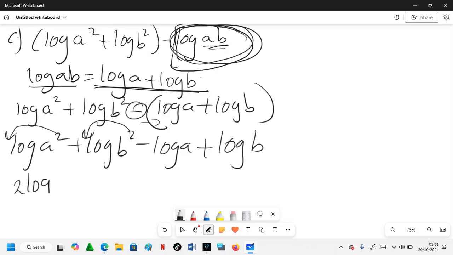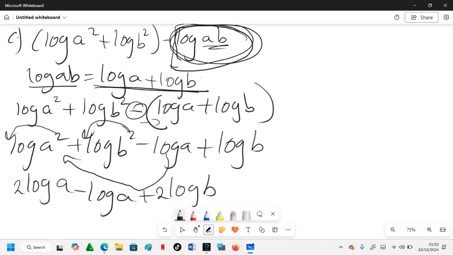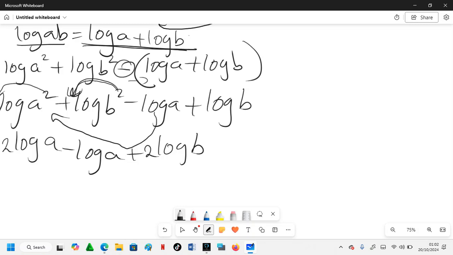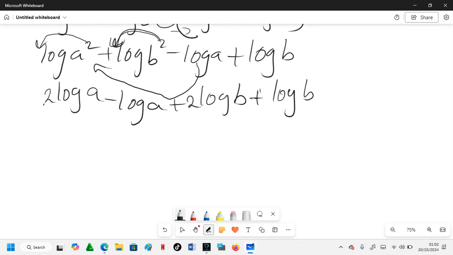So 2 log A, minus log A, then 2 log B, plus log B. Now 2 log A minus log A is going to leave us with 1 log A, and then 2 log B.